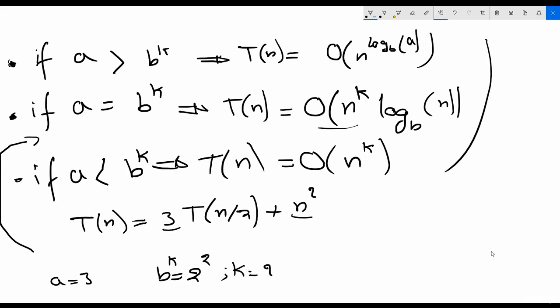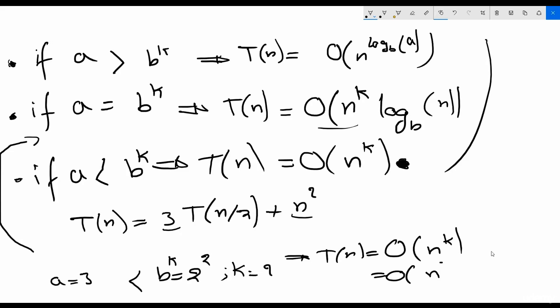So we have a equals 3, b to the power of k equals 4, so it's less. 3 is less than 4. So here we are in this scenario: a is less than b to the power of k, so the complexity of the algorithm t of n equals order n to the power of k. In our case, k is 2, so it equals order n squared.